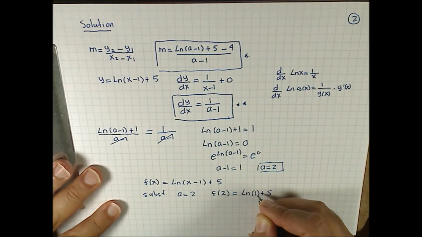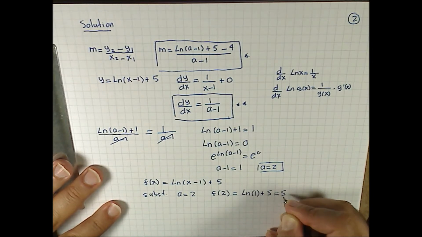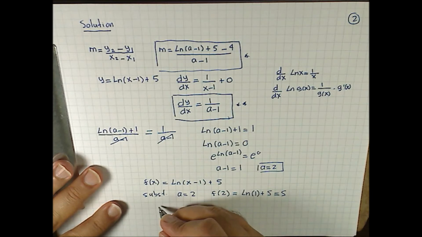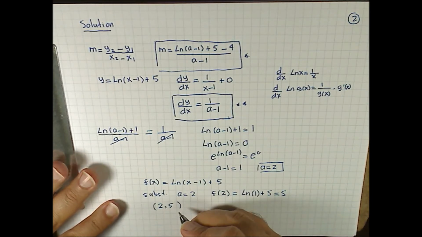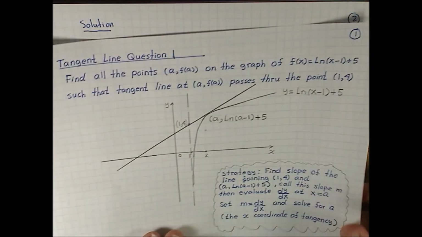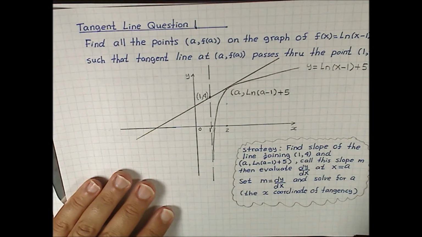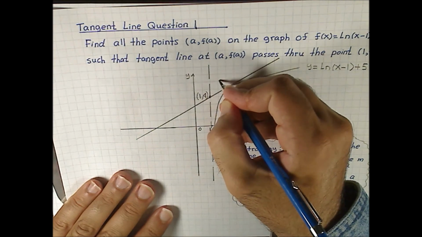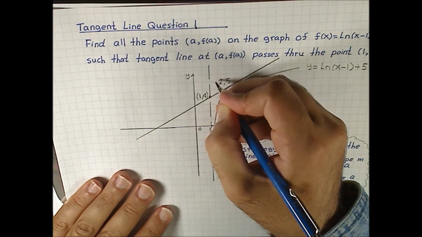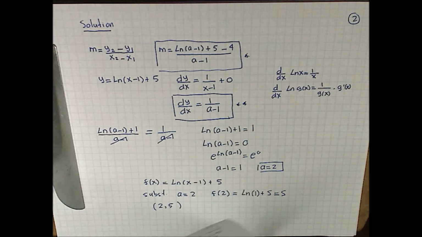Log of 1 is 0. 0 plus 5, that's 5. So the coordinates of the point that we're looking for is 2 and 5, such that a tangent line goes through 1, 4 and is tangent to the curve. And that's the point here. Let's label this as 2 and 5.